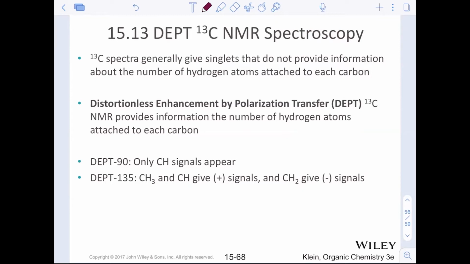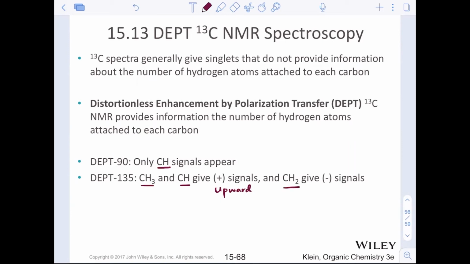We like using DEPT carbon-13 NMRs because they can provide more information on the number of hydrogen atoms attached to each carbon. Like this, DEPT 90 only shows CH signals. What? That's pretty cool. DEPT 135 will show the CH3 and CH and give them a positive signal that shoots upward, just like our typical signals. I'll show you what that looks like in a second.